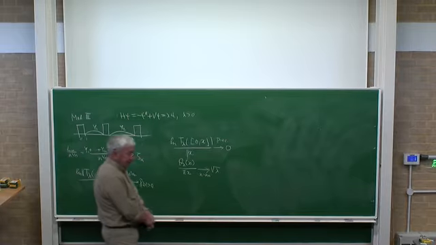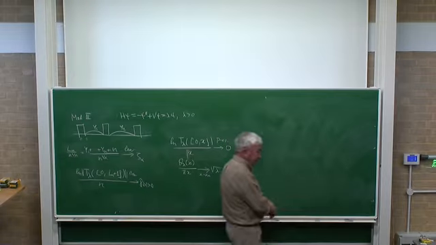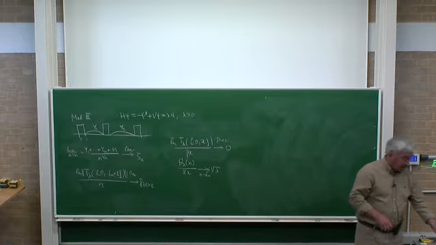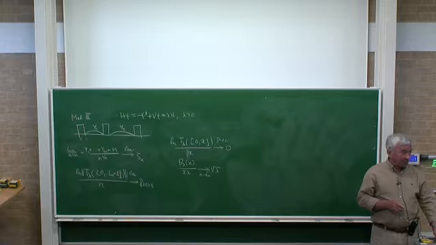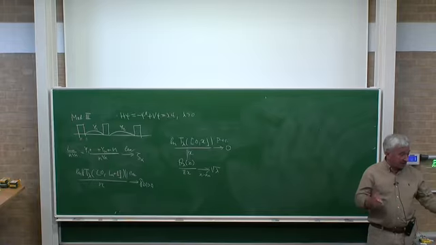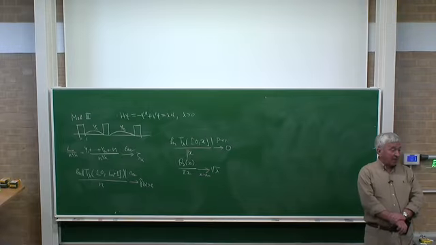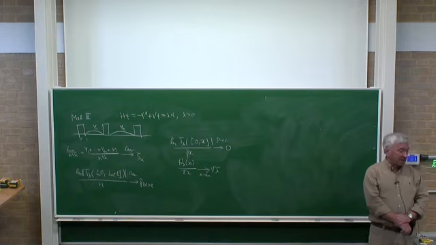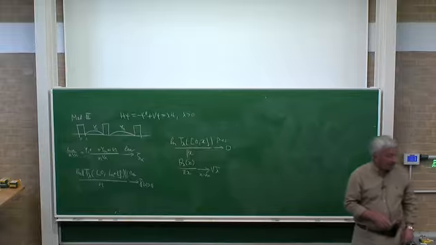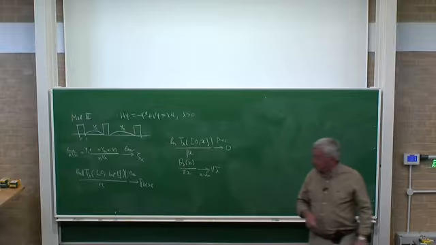Like in the situation Kotani discussed earlier, there is localization, but the eigenfunctions decrease not exponentially, but sub-exponentially, with some fractional exponent.